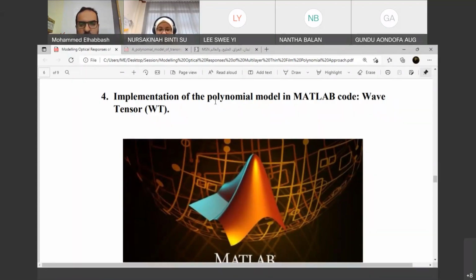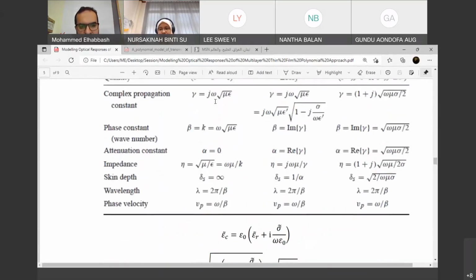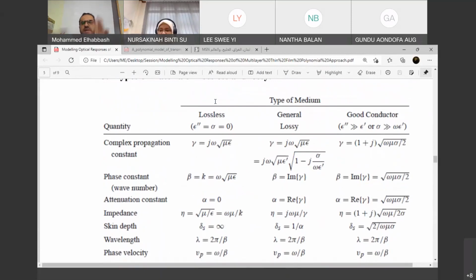Okay, I want to go back to the table here. In general, if we want to test whether a material is lossy or lossless, we look at the permittivity, because the permittivity has the parts which affect every parameter. Are you seeing my slide now?